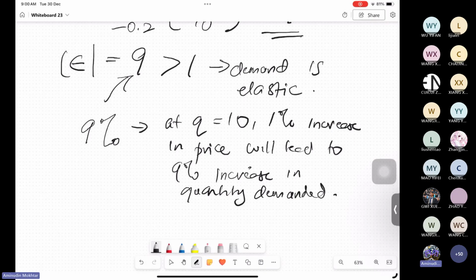That's how to interpret the value of elasticity. The demand is elastic.